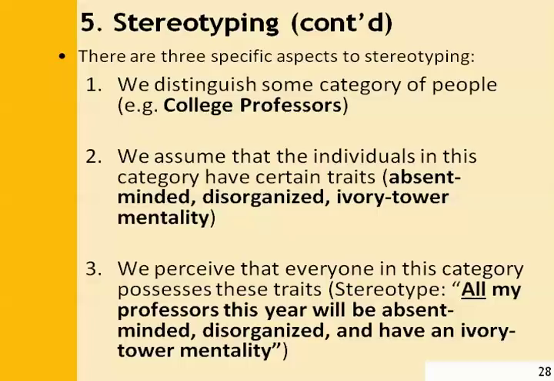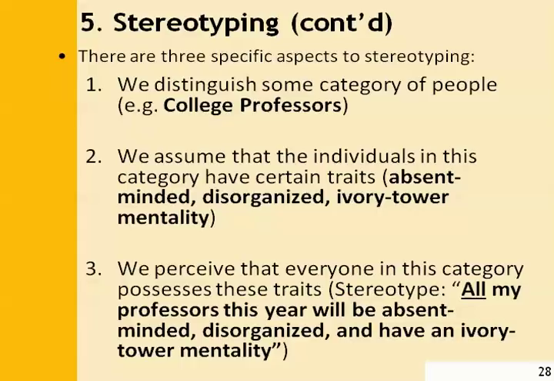مثلا college professors. Number two, we assume that the individuals in this category have certain traits. زي مثلا إن هما absent-minded, disorganized, and they have an ivory tower mentality. يعني ناس مش practical. عايشين in يعني their mentality as if they are living in an ivory tower وملهمش دعوة بالpractical life.